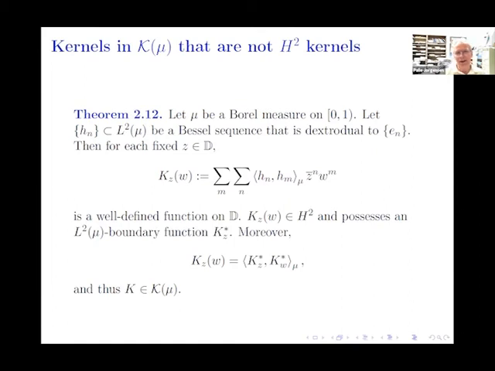The reason we call it a dextrodual is that the En system would not have any good frame properties, but a dextrodual would be a system of functions for which you get such a well-defined kernel here. And if you can do that, then that kernel would be a solution to the K mu problem.